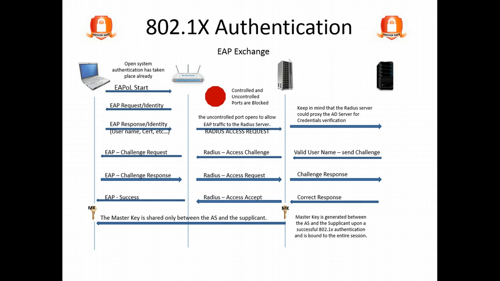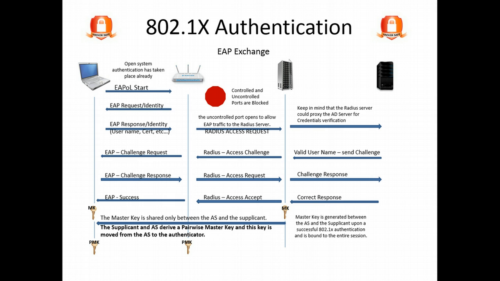Now, this master session key is used to derive a pairwise master key. We saw the pairwise master key earlier in the pre-shared key explanation, but now this master session key is used to derive a pairwise master key, and this pairwise master key is derived on the client device and the RADIUS server, and the RADIUS server will move its pairwise master key over to the access point.